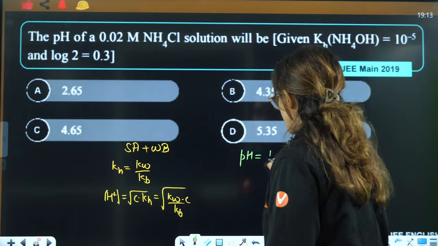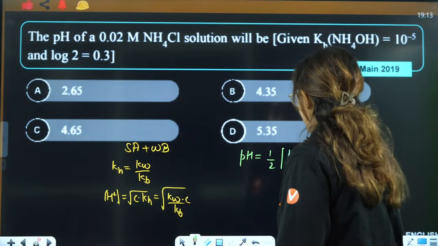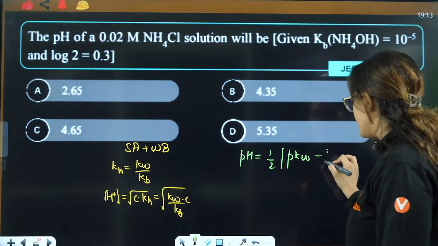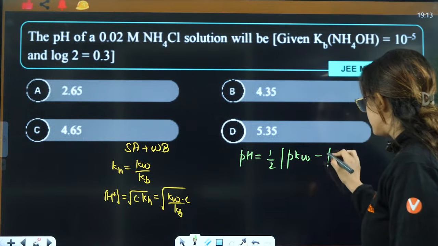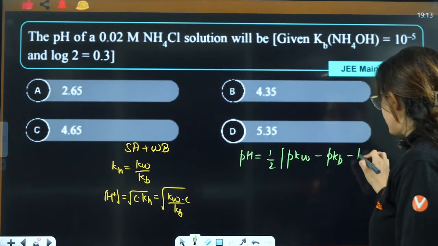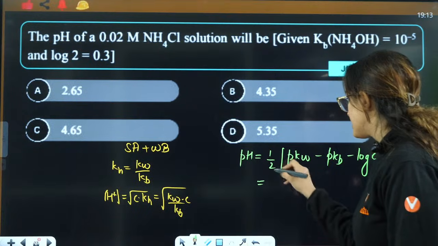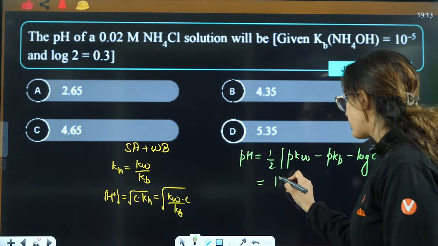pH is equal to half of pKw minus pKb minus log C. This is what you have. This is going to give you 14 by 2.